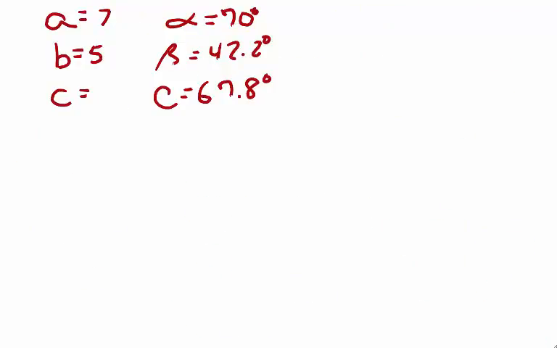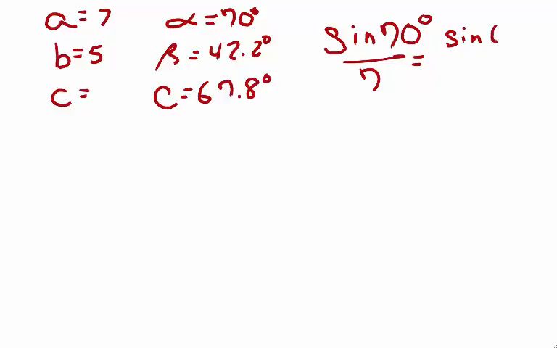At this point, all that's left for us to find is side C. Using the law of sines, sine of alpha, 70, over side A, which is 7, is equal to sine of C, which is 67.8, divided by C. We'll use algebra.